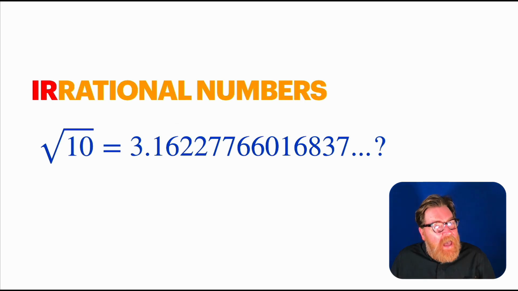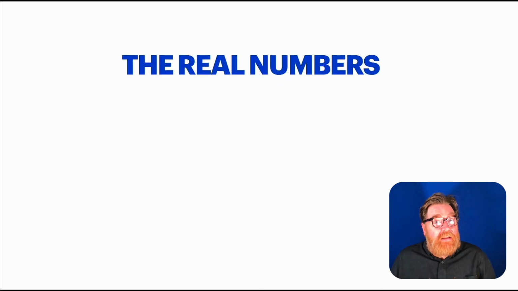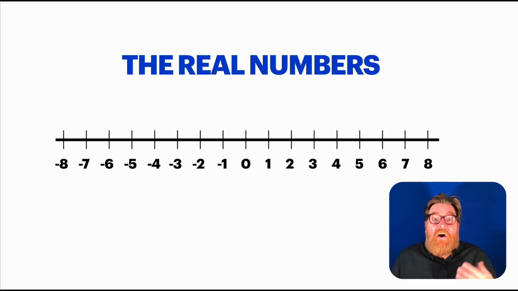All right, with that, I think we're ready to see the real numbers in all their glory, okay? The integers, and then all the numbers in between. And now I hope you have a better appreciation for how many numbers are in between and the weirdness of some of them, right? The rationals, the irrationals, the fractions. Look at this.